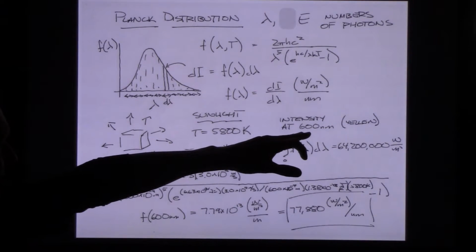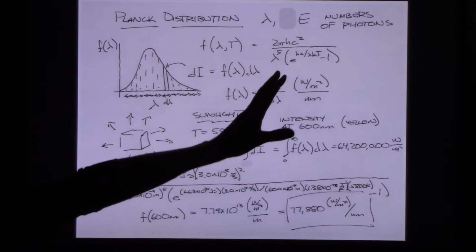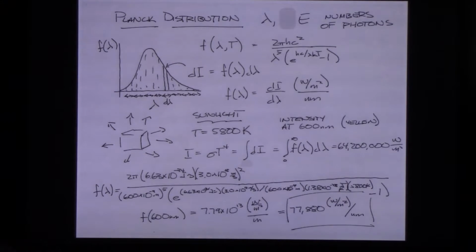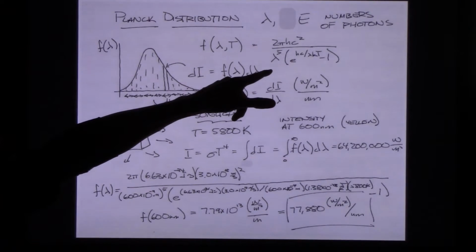We're looking at 600 nanometers for the wavelength. What is the particular intensity of light at 600 nanometers? Now what I did then is I plugged into that formula.